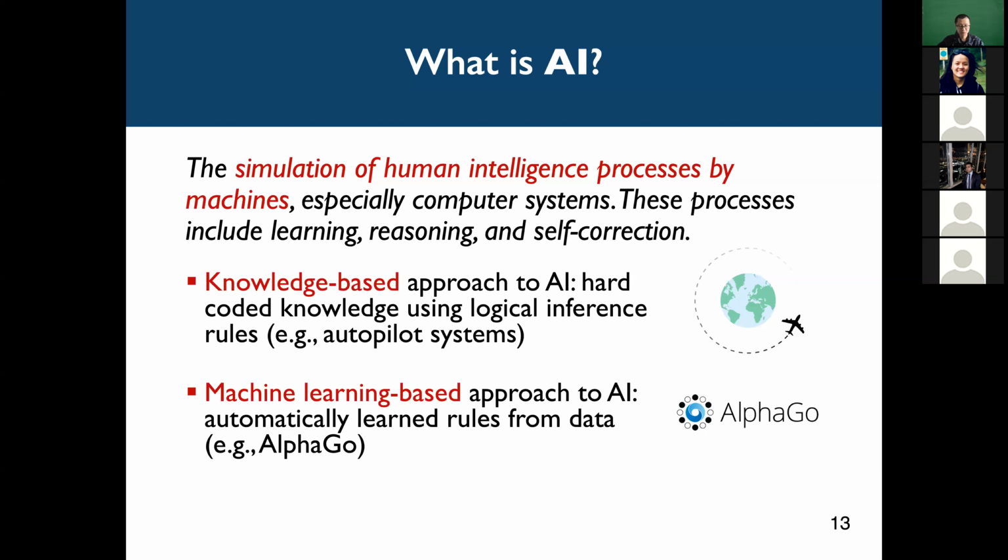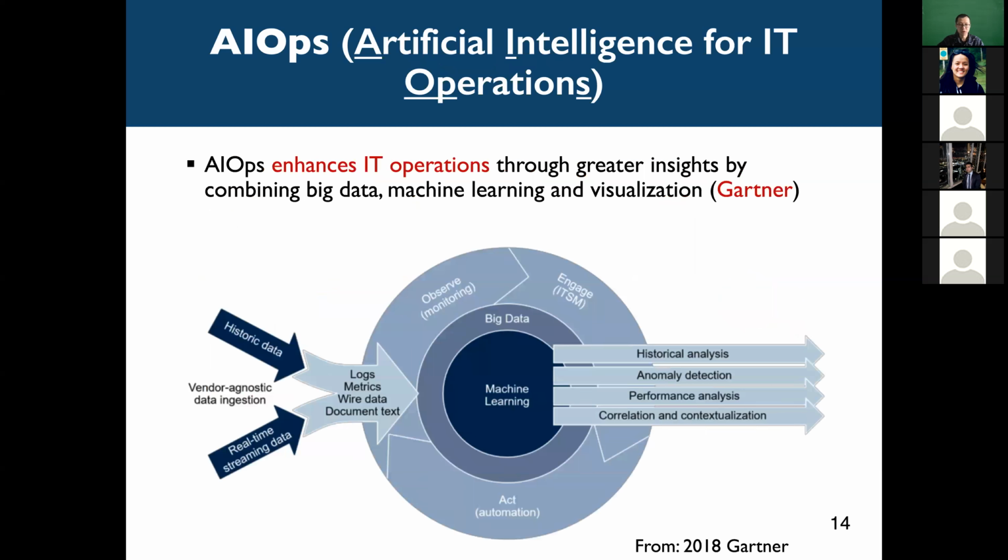So what is AIOps? As we mentioned, AIOps is artificial intelligence for IT operations. According to Gartner, AIOps enhances IT operations through greater insights by combining big data, machine learning, and visualization. If you look at this figure, the input on the left is the input to AIOps, in the middle are the components of AIOps, and on the right are the outputs of AIOps.